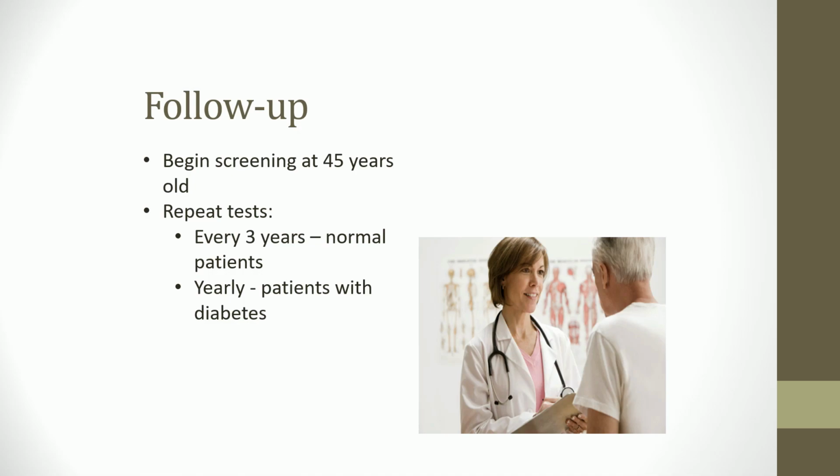And since they are 45 years old, if the patient has completely normal results, we have to repeat the tests every 3 years, because of course every year the patient gets older is a year they have a higher risk of developing a diagnosis of diabetes. And in patients with high risk, we have to repeat the tests early. Once again, patients that have the diagnosis of diabetes, there's a series of tests they need to make yearly, and we will talk about them in a next video.